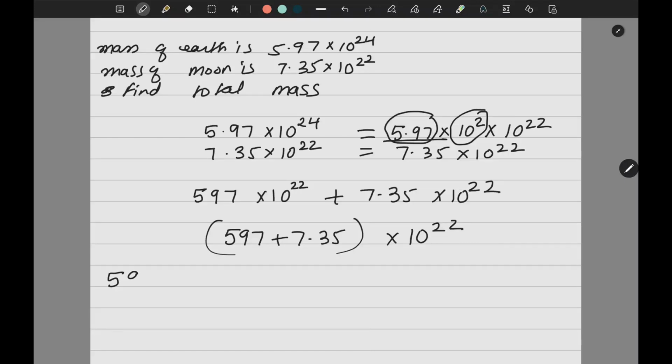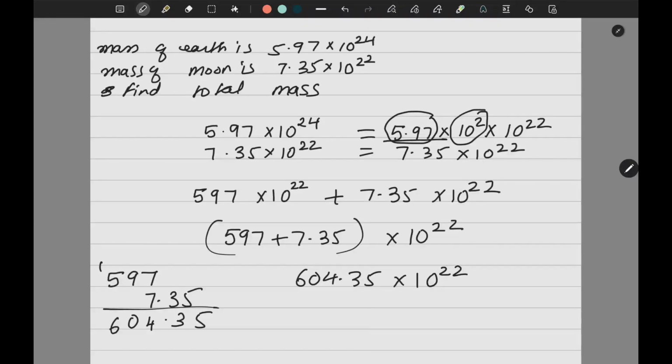Now 597 plus 7.35 is how much? 604.35 into 10 to the power 22. I can very well write it as 6.0435 into 10 to the power 24 also. This is also correct.